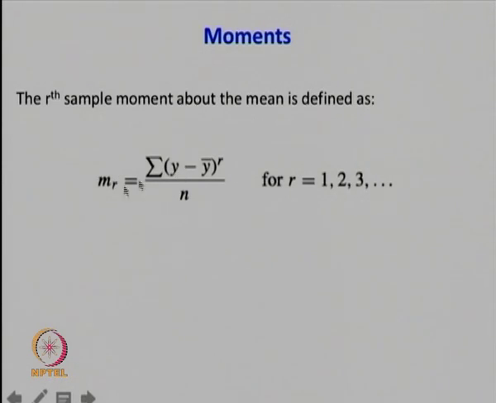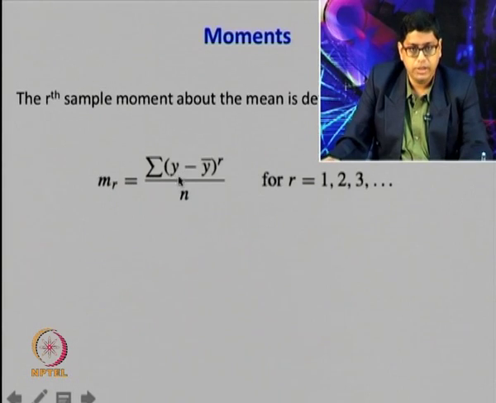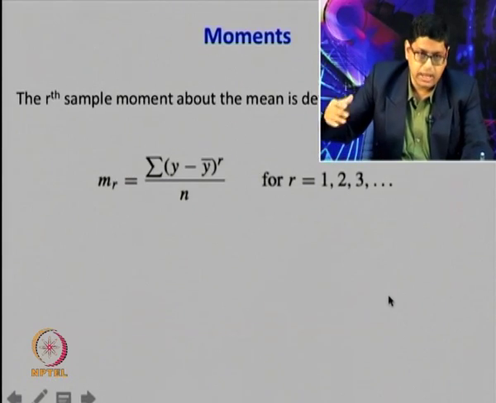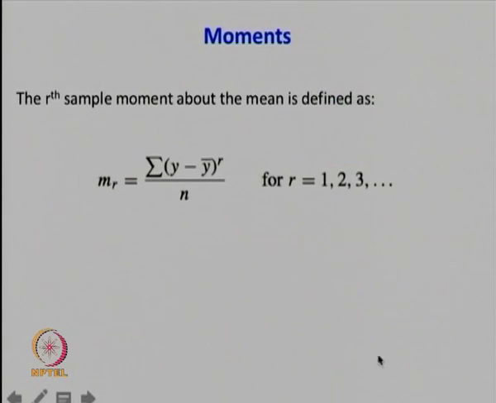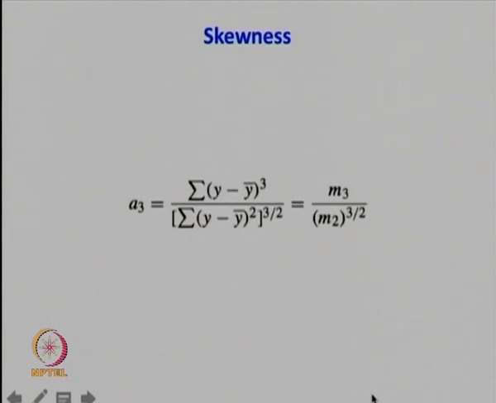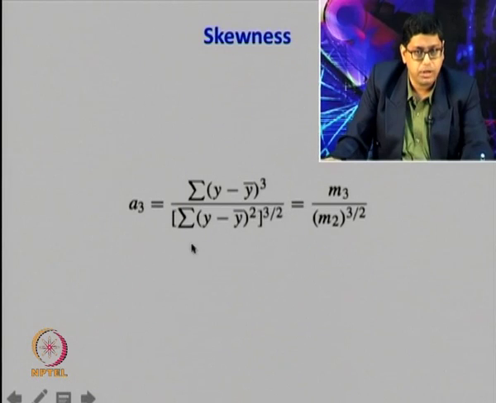Now, the way these moments are defined, if y has a given unit, then mr will not return a value which is unitless, but rather it has some units. You of course want to eliminate that aspect of dimensionality in your measurements, and for that purpose what you typically do is divide by another moment raised to some other power, so that the units are the same. a3 is one such measure.